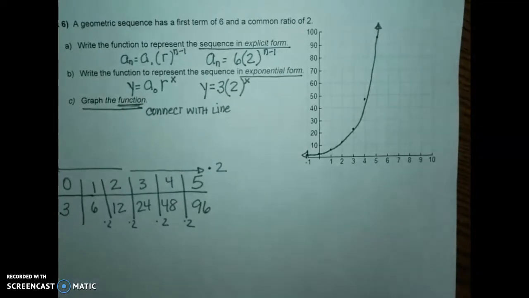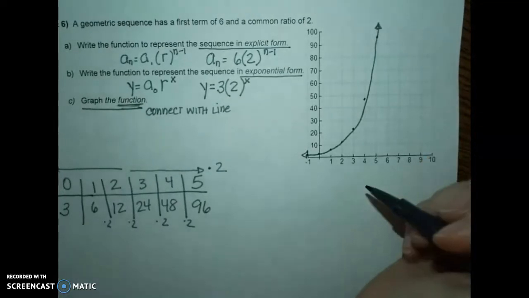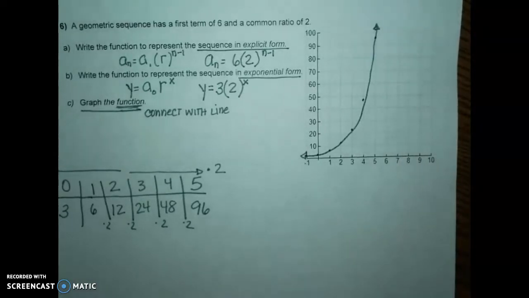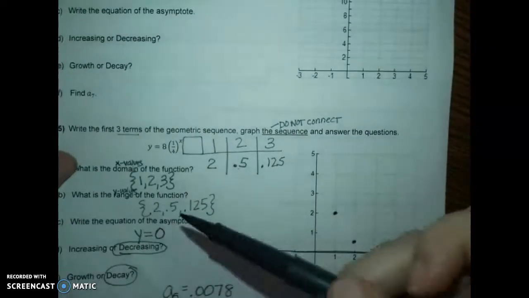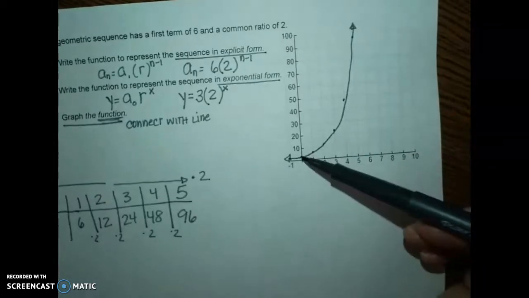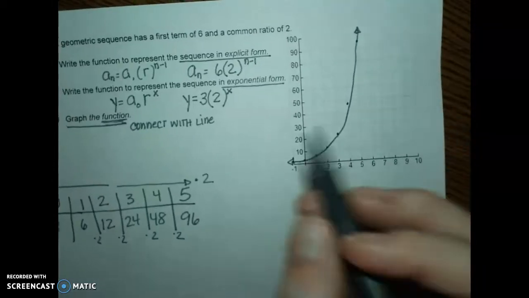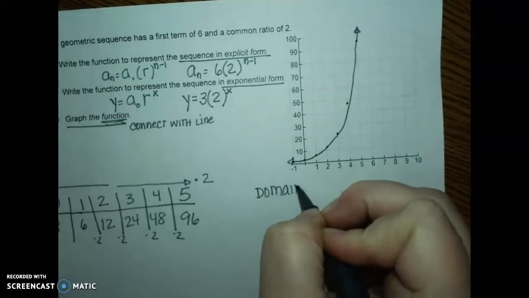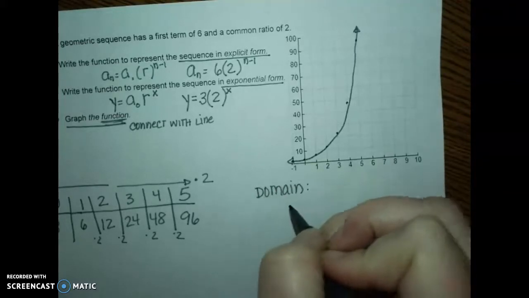This question doesn't ask it, but I want to talk quickly about the domain and range, because on the other one, we listed them out specifically because these were discrete. But once you connect them with a line, you're talking about every single point in between, so that's our interval notation. Domain, remember, is your left to right.